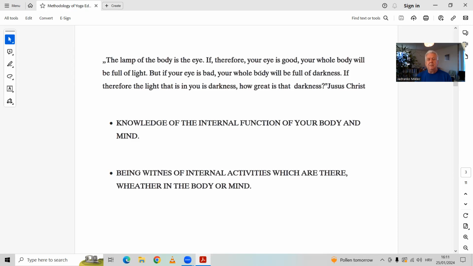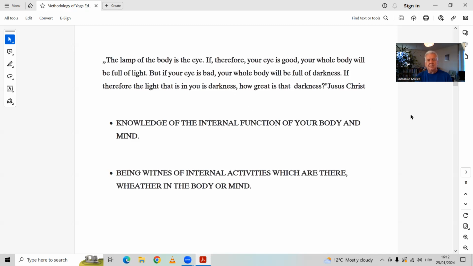In that inner light, you can very clearly experience and see without any imagination or visualization. You can directly see the internal structure of life. And this brings knowledge, and on that knowledge, you can improve that function.